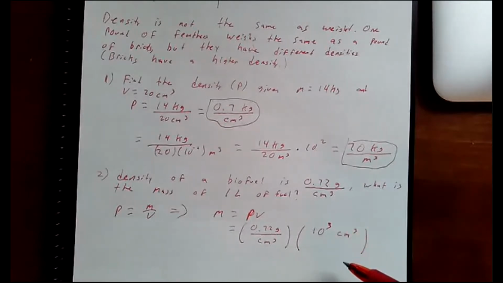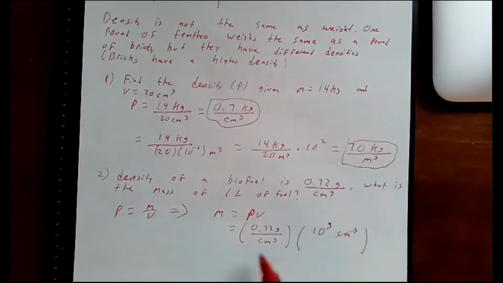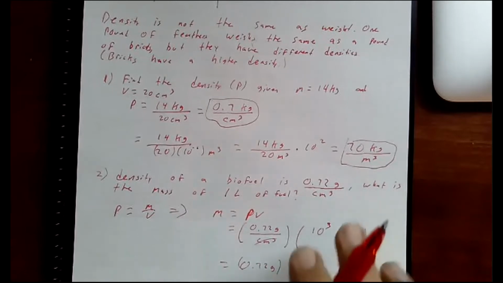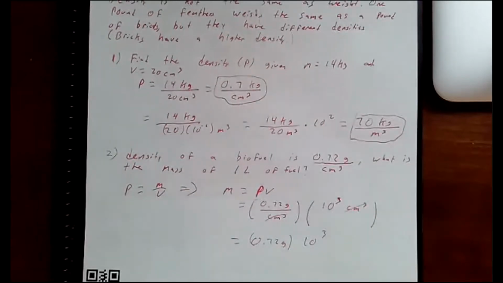10 to the third. So this would cancel the centimeters, right? Volume units, leaving us with 0.72 grams times 10 to the third. But 10 to the third, we know, looking at our prefixes, that should be K. Let's check. Right? Let's look at this thing over here.